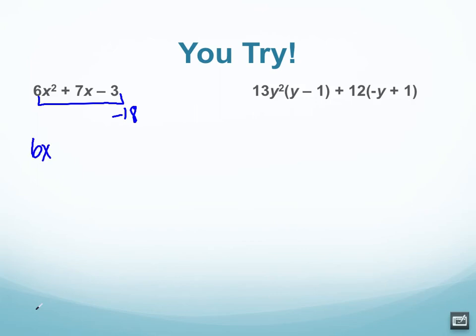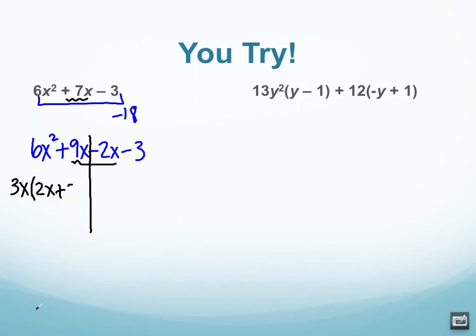So I have 6x squared, add 9x, subtract 2x, subtract 3. So all I've done is rewrite this 7x as 9x subtract 2x. Now, line down the middle. Out of the left side, I'm going to factor out a 3x. And I have 2x add 3.